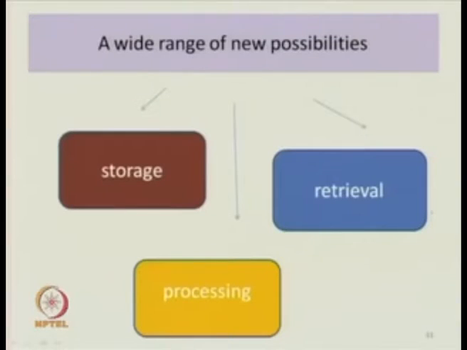Now Donald says that what happens with this external storage of memory is that there is a wide range of new possibilities. Possibilities to do not simply with storage of data, but also with the way data is now processed. Remember, he said there is a new working memory architecture. Hence there are new ways of processing, and also of retrieving things.